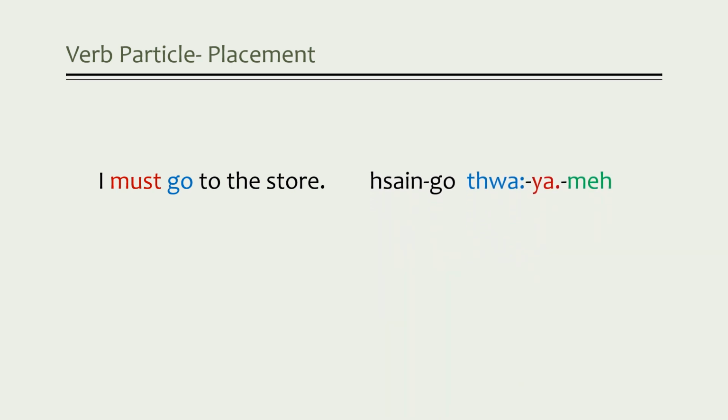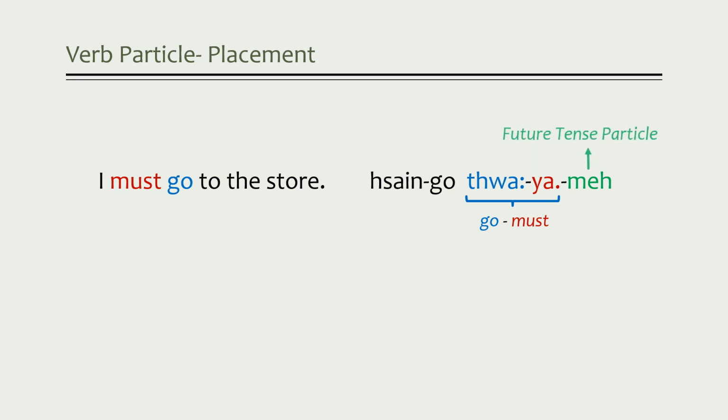Here's how you would say that in the Myanmar language. Sango twaya me. Now in this sentence, the verb combination is still must go, but of course it's in reverse order. Go must. So the must helping verb particle goes immediately after the verb.